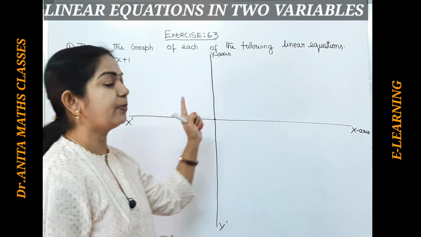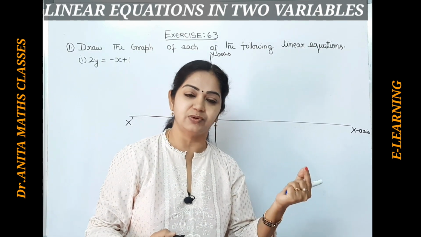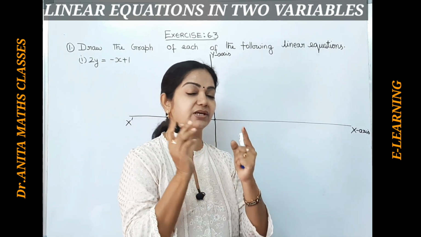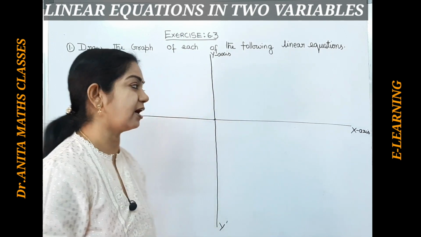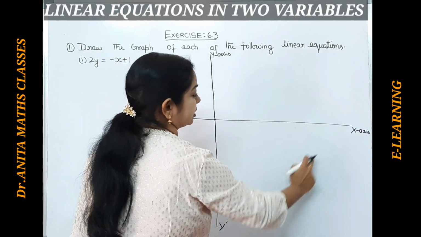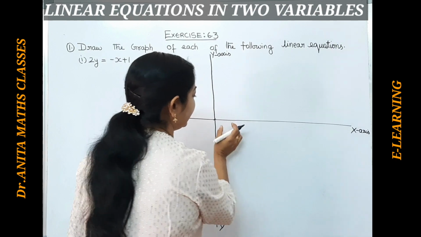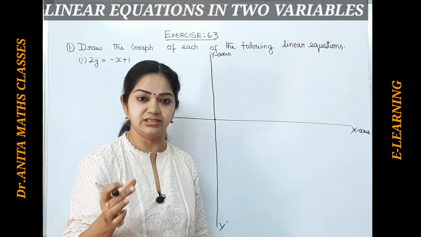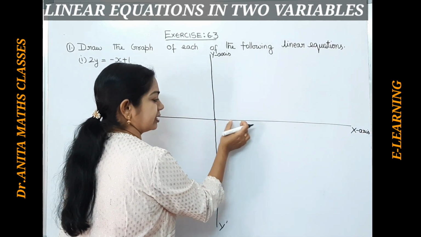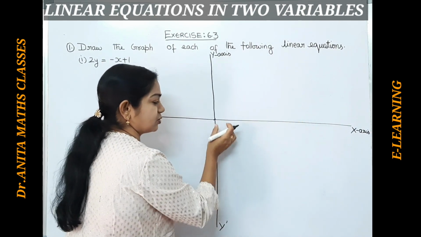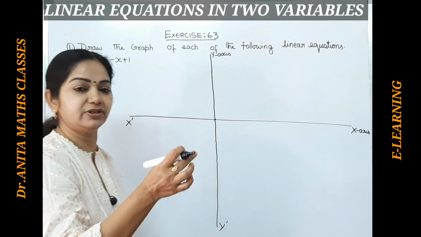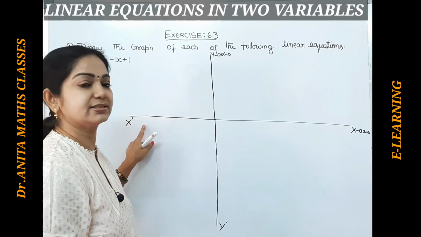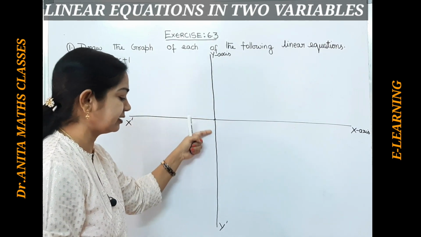Now to plot a point on the graph we need an x value as well as a y value, x and y. With that we can plot one point on a graph. Each block in your graph sheet we can take as 1 centimeter, and mention it with some units: positive and negative units of x, and positive and negative units of y.